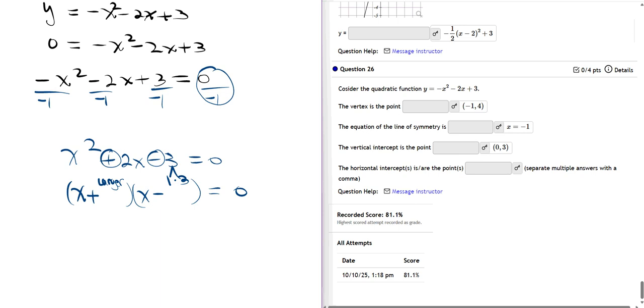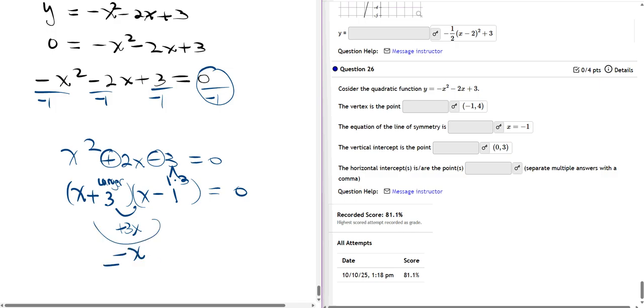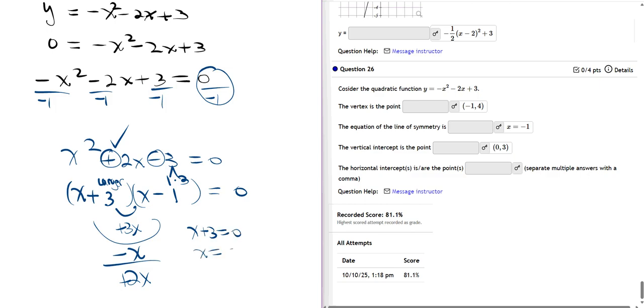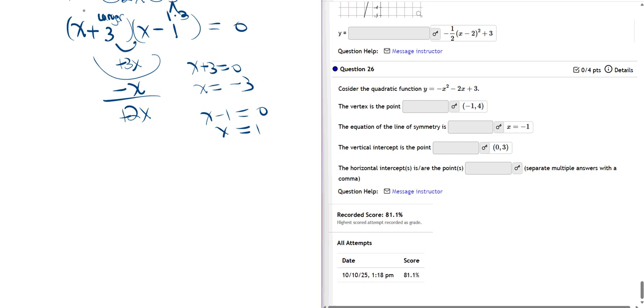So I just have to make sure the larger number goes with the positive side, and then double check that big smile gives me 3x and little smile gives me negative x, and that together gives me positive 2x, which is what I have here. So I've factored this and figured out that if I set each one of those equal to 0, I get x equals negative 3 and x equals positive 1.